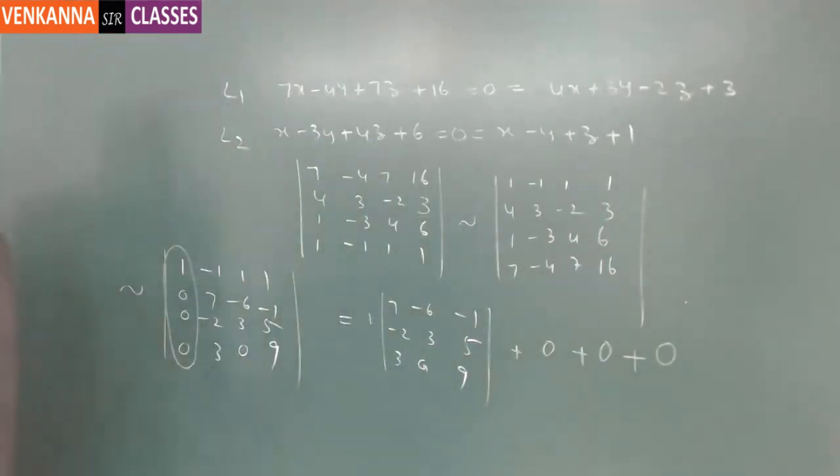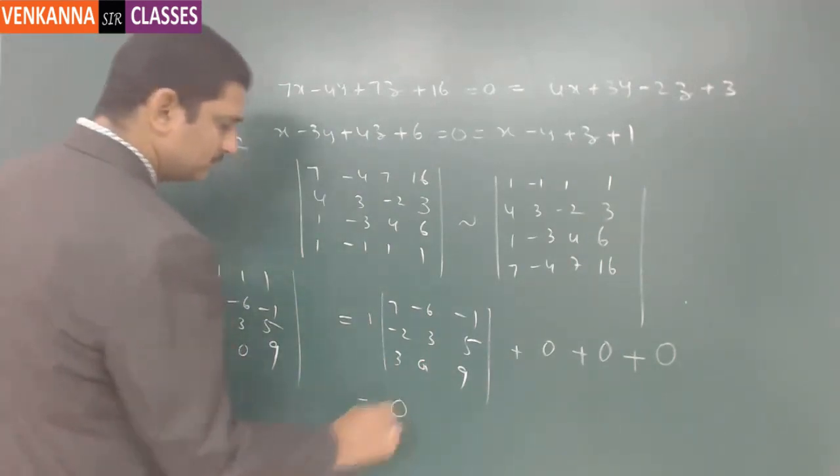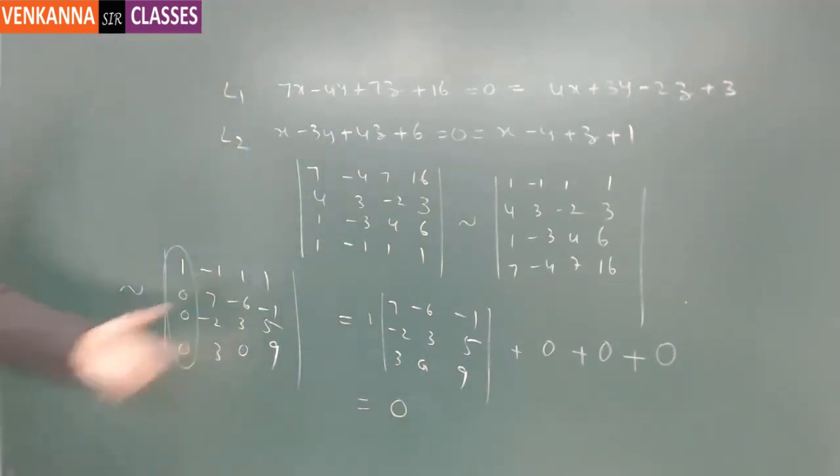So if you calculate the determinant of that 3 by 3 matrix, it will become 0 obviously. Or you can evaluate that by doing necessary row operations so that 2 rows will become equal, hence it is 0, the net value. Since the determinant becomes 0, hence we can say that the given 2 lines are coplanar.